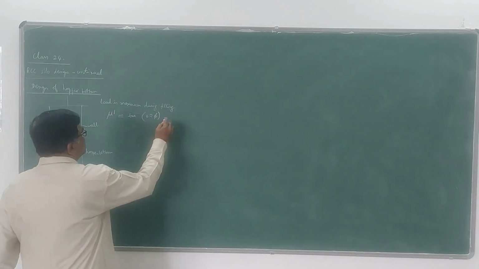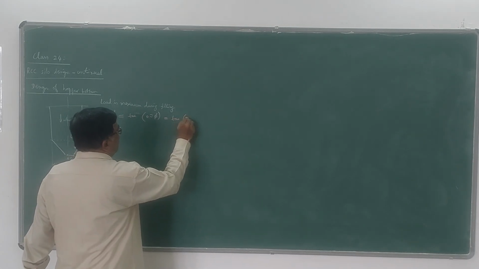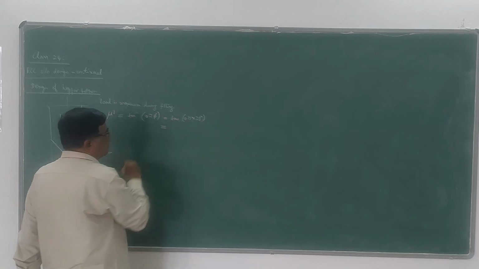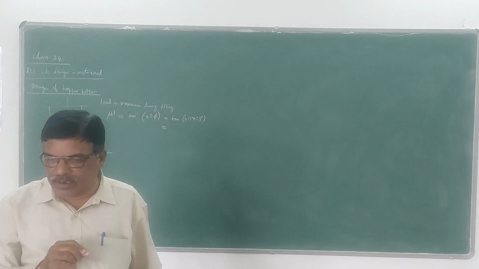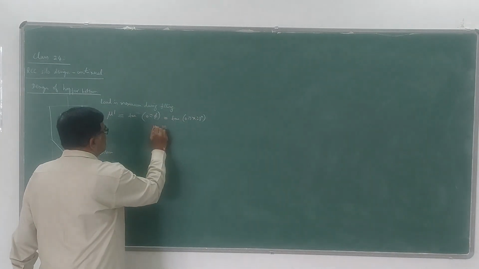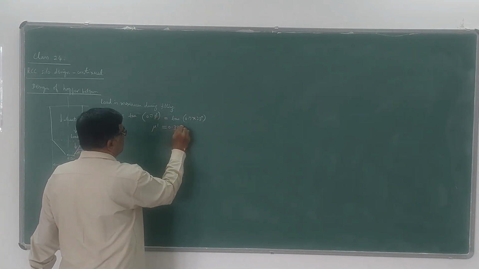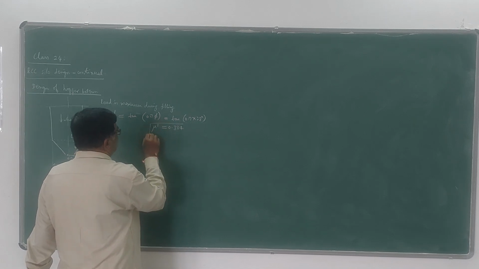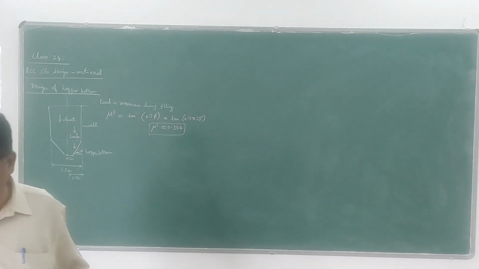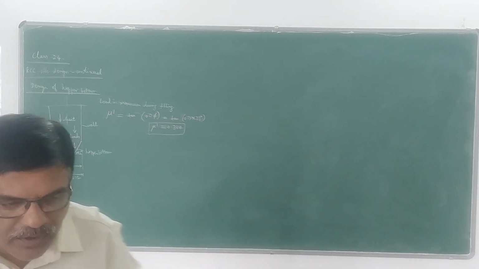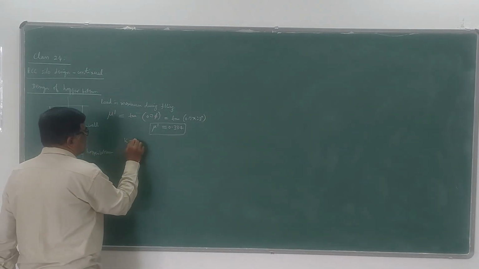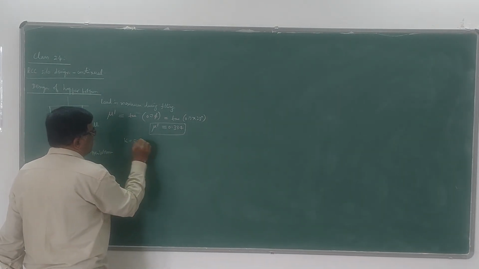So it becomes tan of 0.7 into 28 degree, which comes out to be 0.384. So the value of mu dash is 0.384. Also the pressure ratio K is given as 0.5 in the problem.